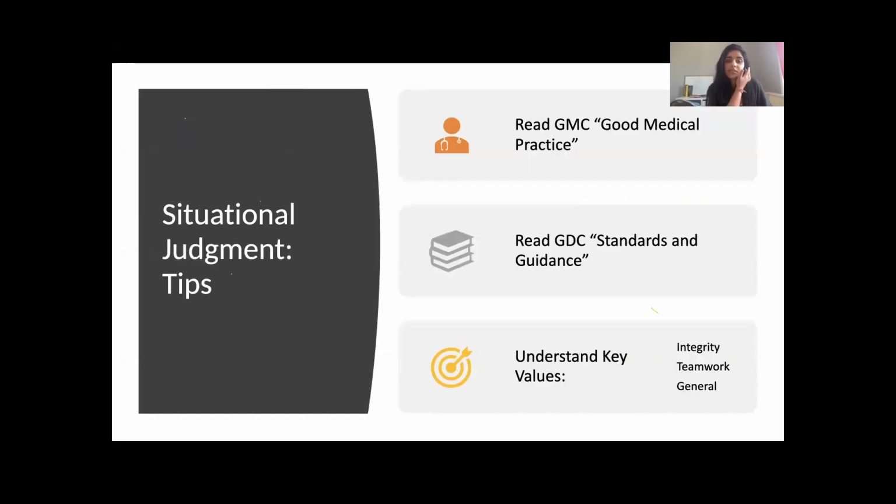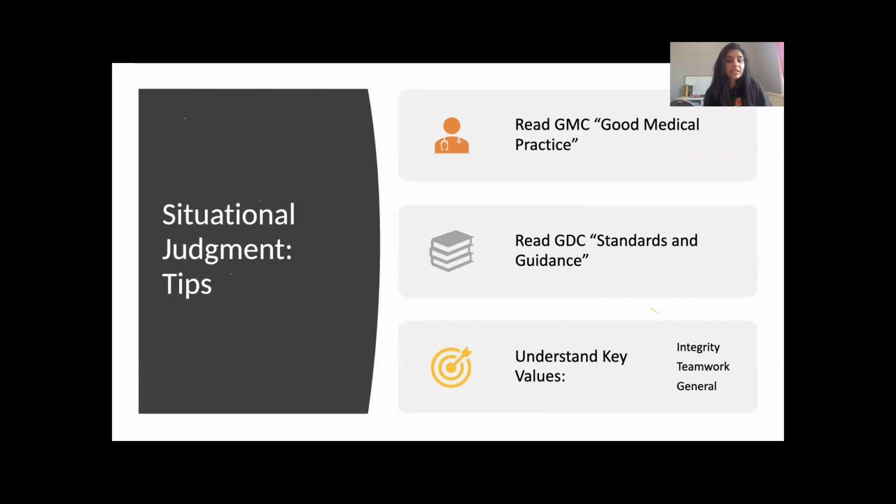And then some tips on situational judgment. You should read both the Good Medical Practice and the General Dental Council's standards and guidance. These will basically give you everything that you need to know about how to act in situational judgment. They'll give you guidance and the ways in which the medical and dental councils will expect you, as a doctor, dentist, or a student, to act in response to certain situations.